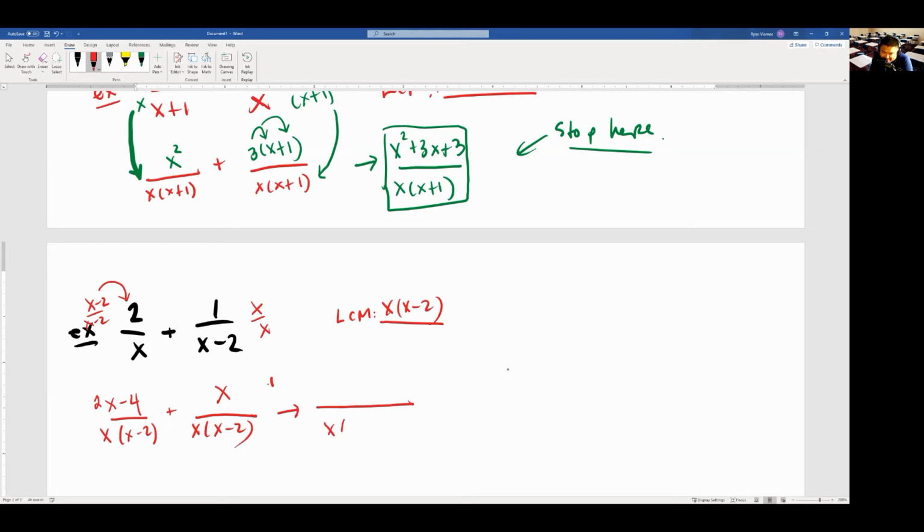The bottom now of our final answer is going to be X parentheses X minus 2. The top, someone type the answer of the top.